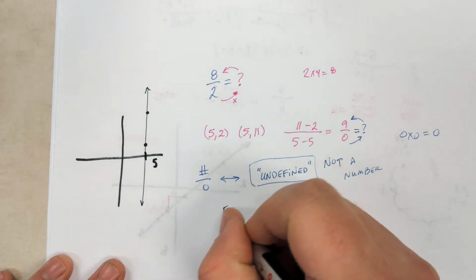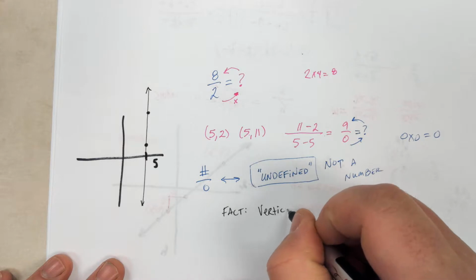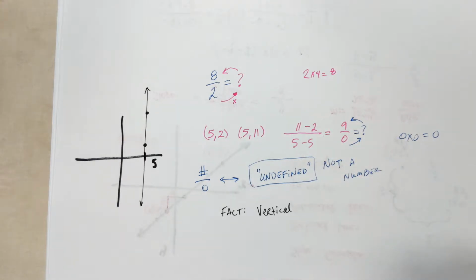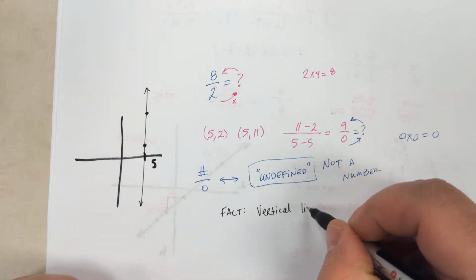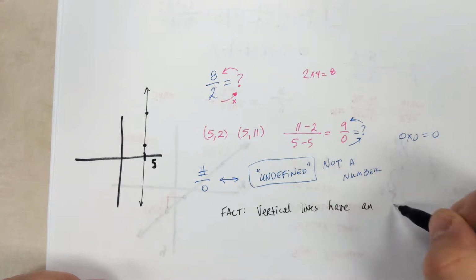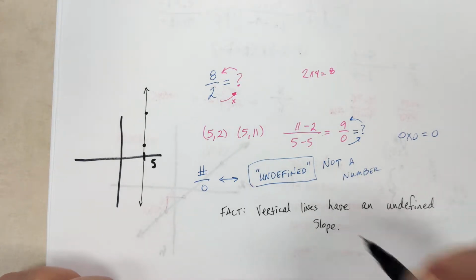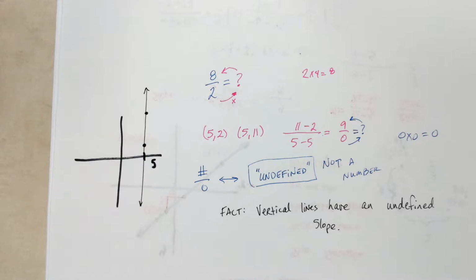So here's the fact. Vertical lines, their slope is called undefined.